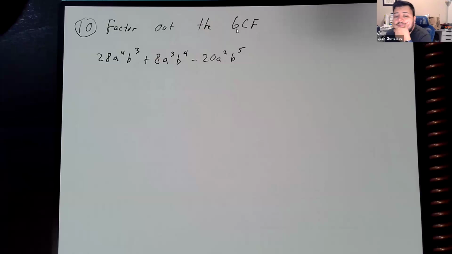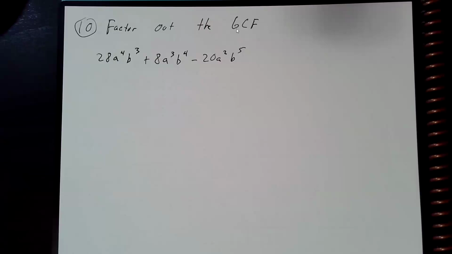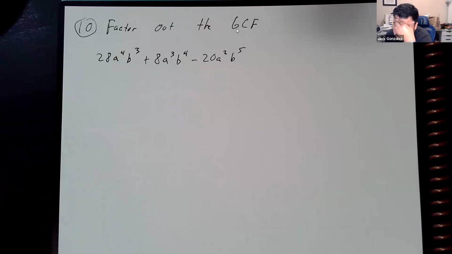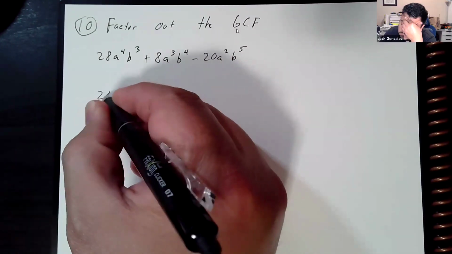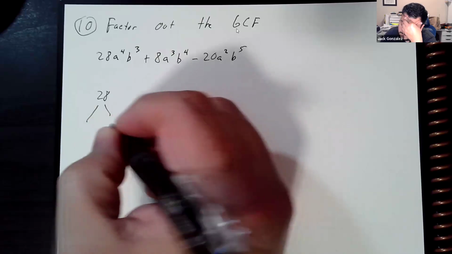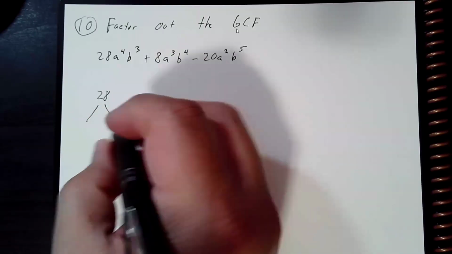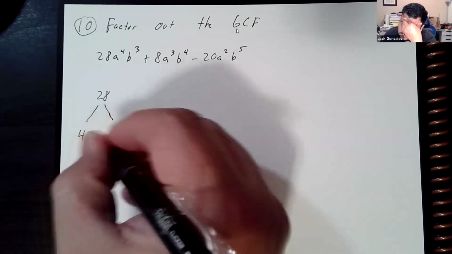And we got numbers and two types of variables. So we got to find the GCF first. So if you're bad with the numbers, just go ahead and factor them down. 28 is what? 4 and 7, right?